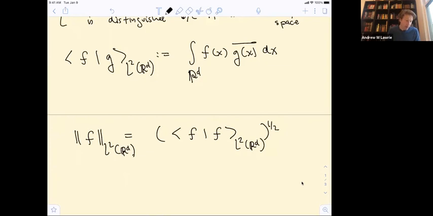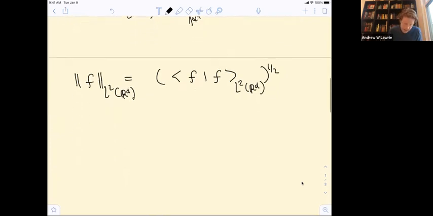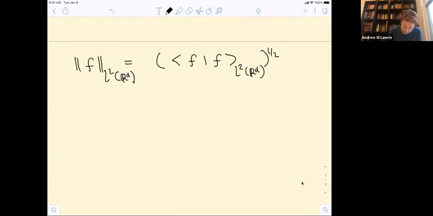Okay, so it's an inner product space, and it has the following properties. One, it's a vector space.